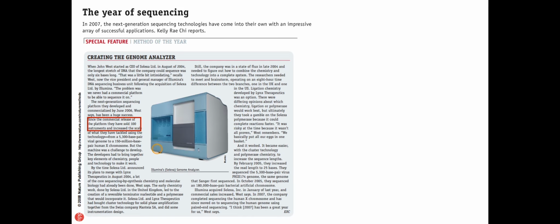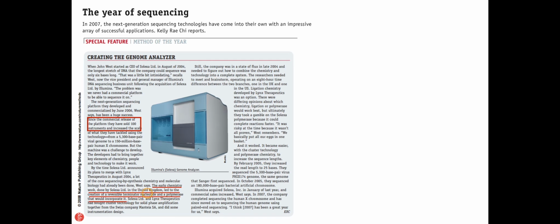So the Illumina sequencing business, the start of high throughput sequencing, has just developed exponentially. The other important thing to highlight here is the statement that the early chemistry work, which again was done by Solexa in the UK, led to the creation of a reversible terminator nucleotide. Right? This is the dye-labeled nucleotide and a modified polymerase that would incorporate it. And that's important because it really, in essence, represents two key pieces of intellectual property that Illumina had at its disposal, a reversible terminator nucleotide and a modified polymerase.